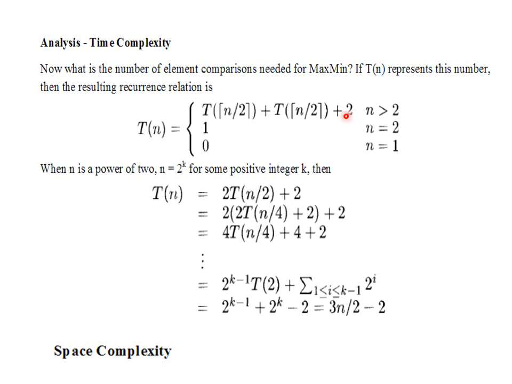The 2 comparisons are required when we find the maximum and minimum value from this list and the maximum and minimum value from the second half list.